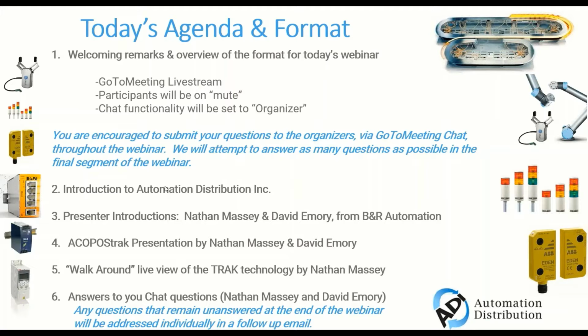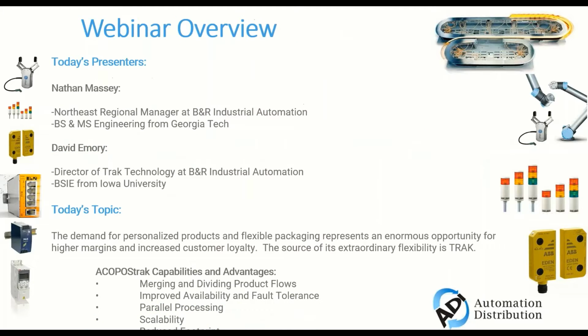Now I'd like to present today's webinar hosts, Nathan Massey and David Emery from B&R Automation. Nathan is the Northeast Regional Manager, and he's a tenured and degreed engineer from Georgia Tech. He has served B&R well in terms of both developing product solutions, developing end markets, and providing customers with solutions to some of their most challenging automation needs.